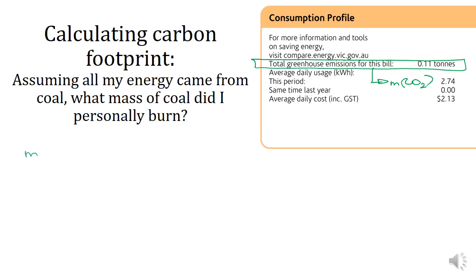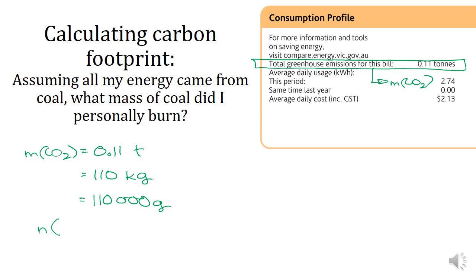So my m of CO2 is 0.11 tonnes, which is equal to, since 1 tonne is 1,000 kilos, 110 kilograms, which is 110,000 grams.